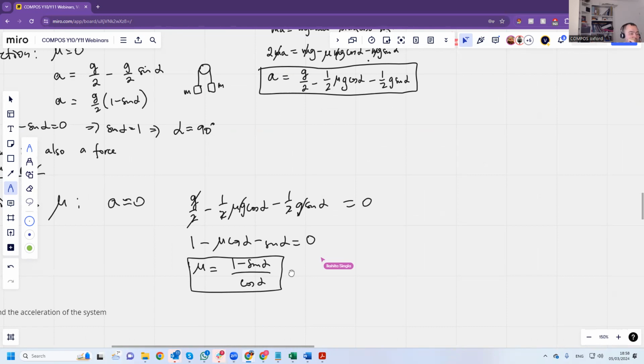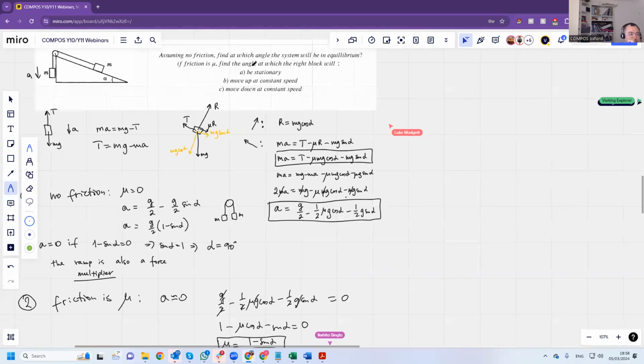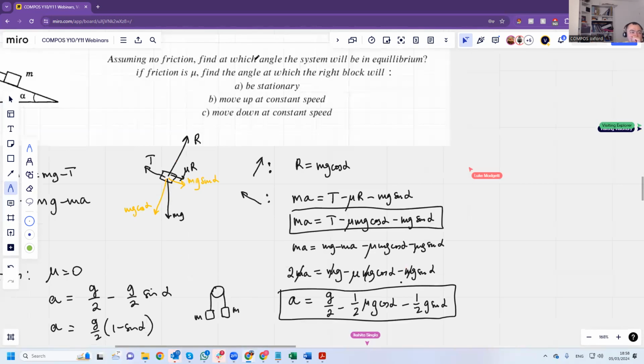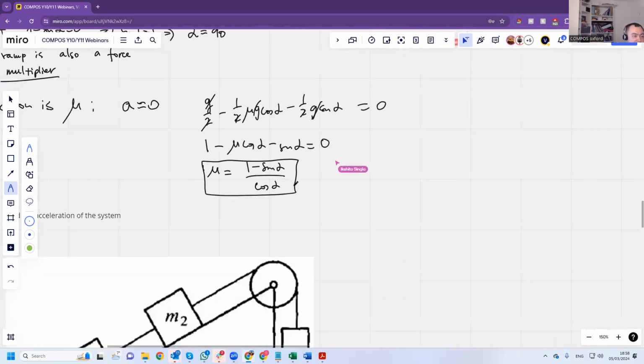I don't think we can do it without squaring the whole thing. Let's make our life easier for ourselves. Find the condition on the angle. If mu equals 1 minus sine alpha over cos alpha, we'll slide at constant speed.